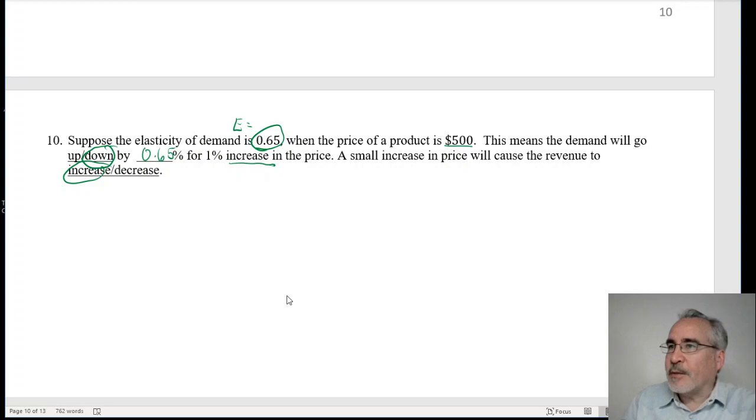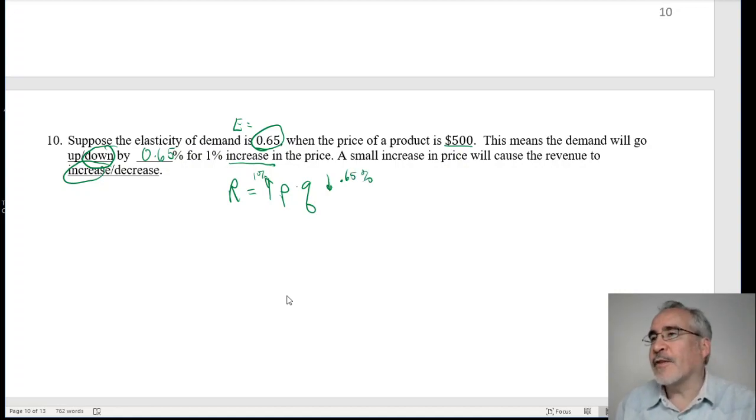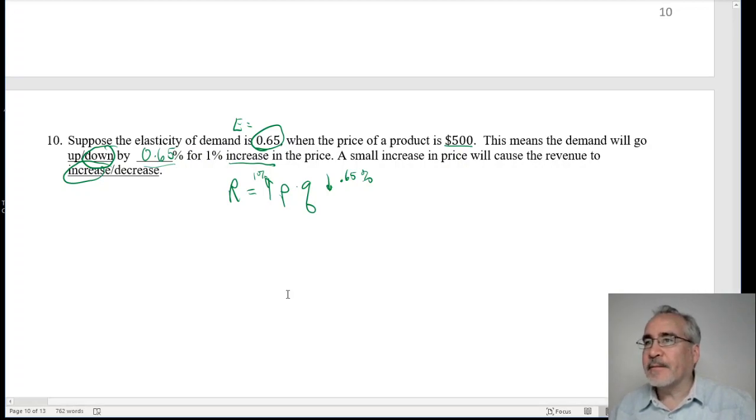Because the price, remember, here's revenue, here's price, here's quantity. As the price goes up by 1%, the demand only drops by 0.65%. So the net, when we multiply these two, is a net gain for the revenue. So we're going to increase the revenue whenever E is below 1.